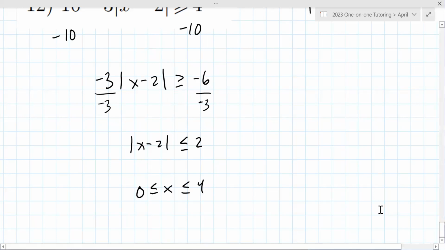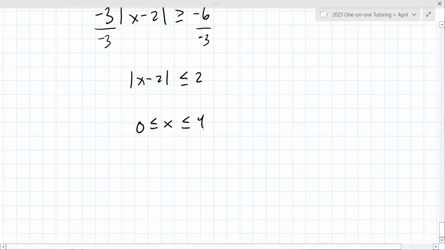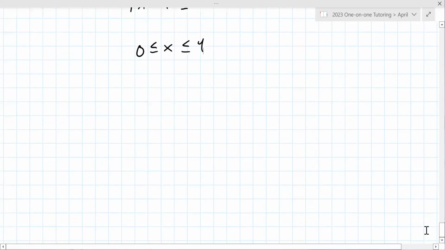Let me give you one more of these to try, and then we will actually move on to the next case. This one's okay as is. No. 3 minus 2 absolute value x minus 5 is greater than minus 15.